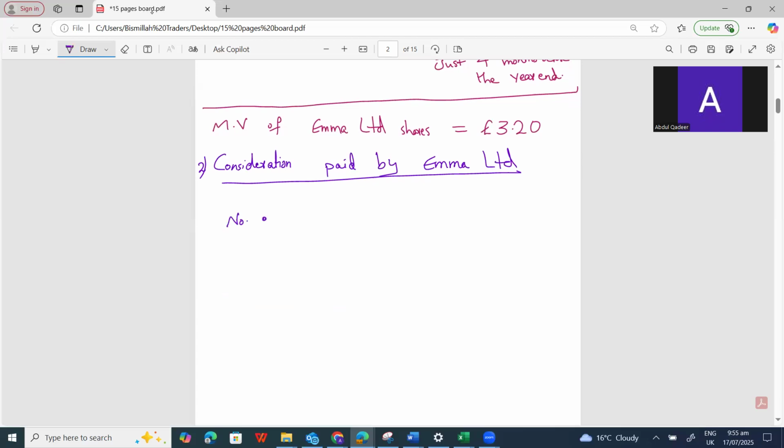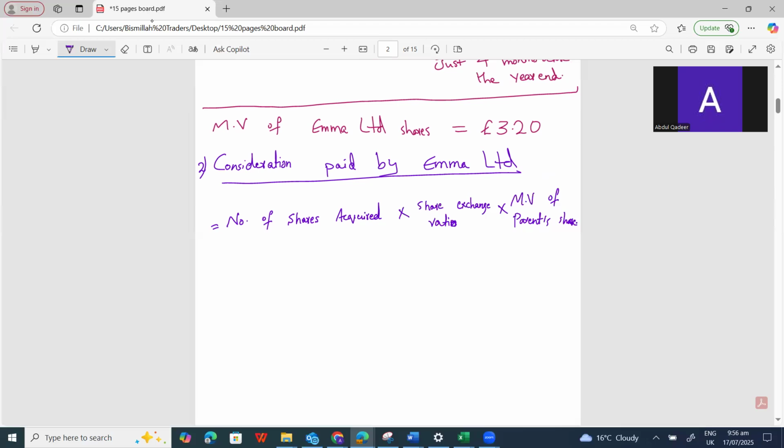Number of shares acquired, how many shares are acquired by EMA Limited, multiplied by the share exchange ratio, and then multiplied by the market value of the parent's share.